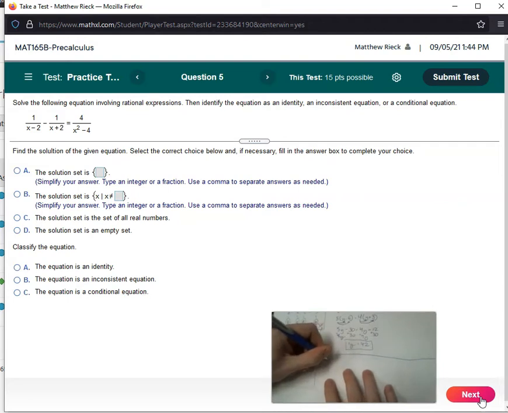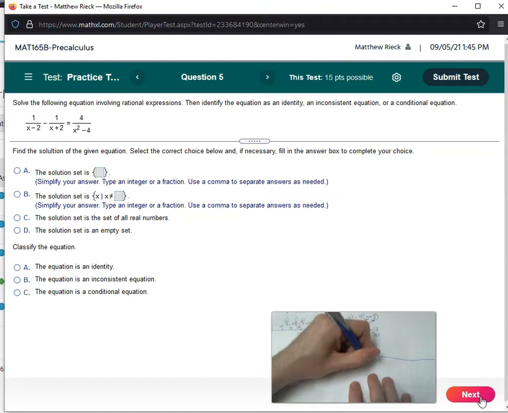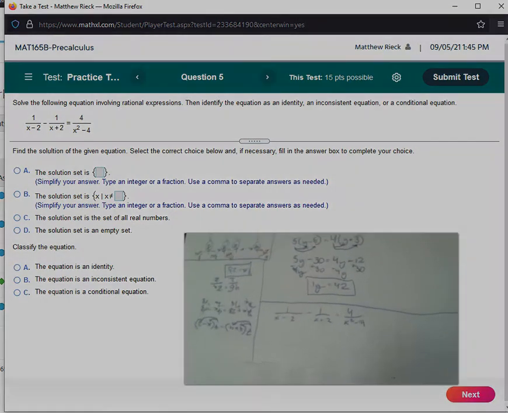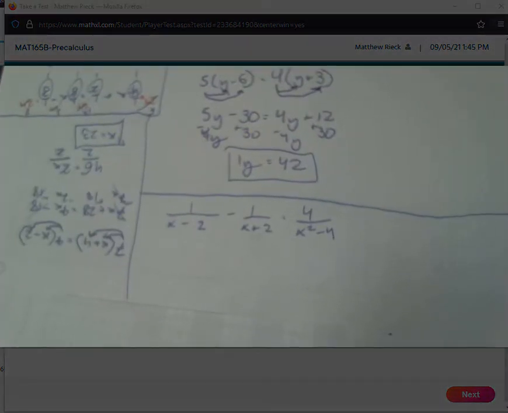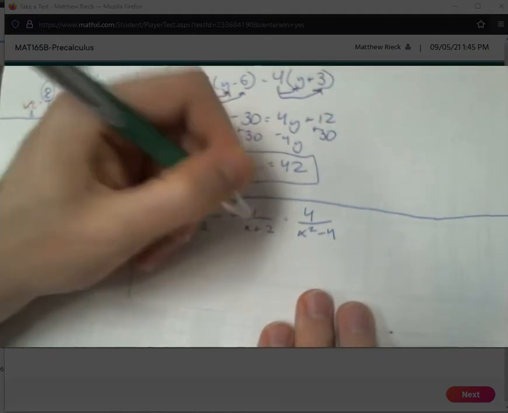All right. So here we have 1 over x minus 2 minus 1 over x plus 2 equals 4 over x squared minus 4. Again, the first step is I want to factor. This is already factored. This is factored.